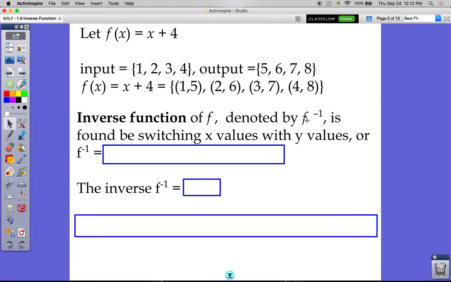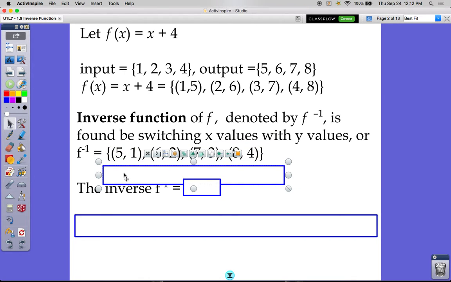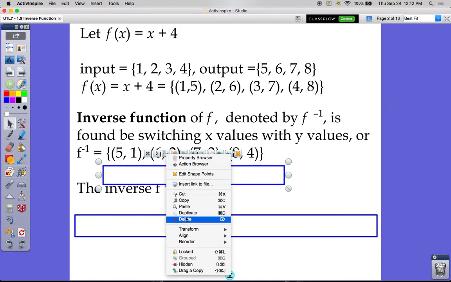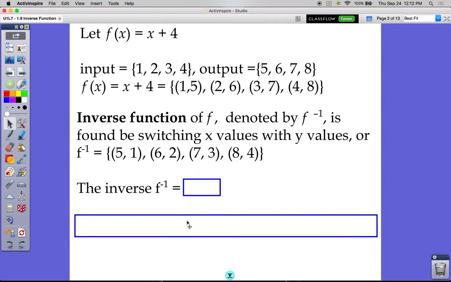So the inverse of this function x plus 4 with the given points 1, 5, 2, 6, 3, 7, 4, 8, we simply switch x's and y's and we get 5, 1, 6, 2, 7, 3, and then 8, 4.